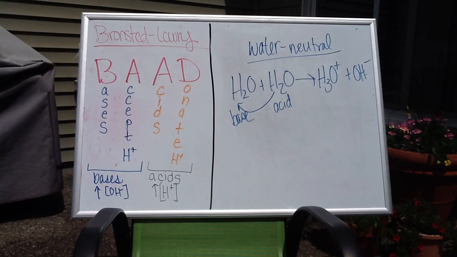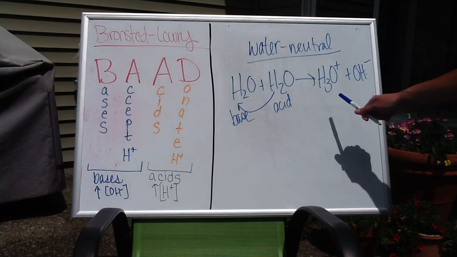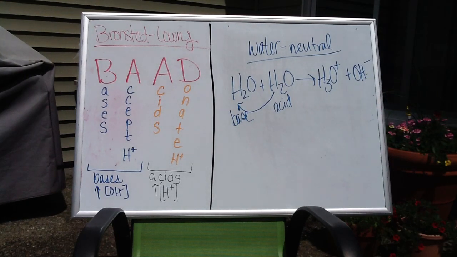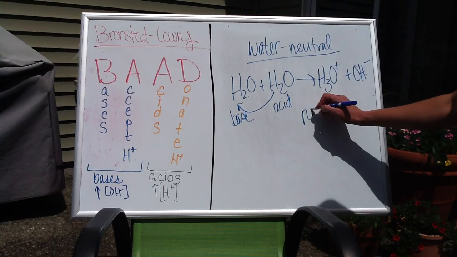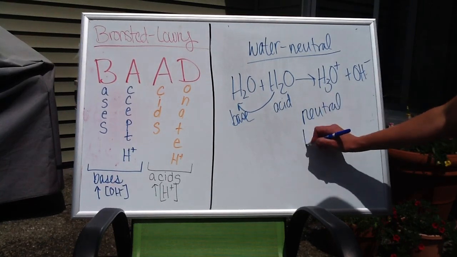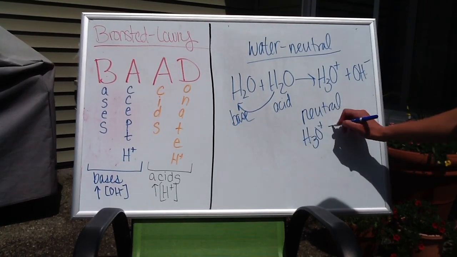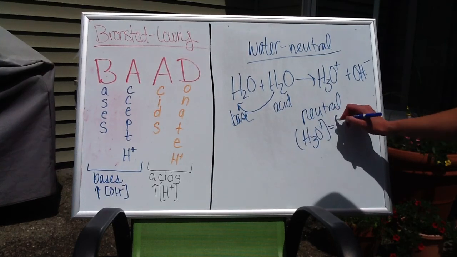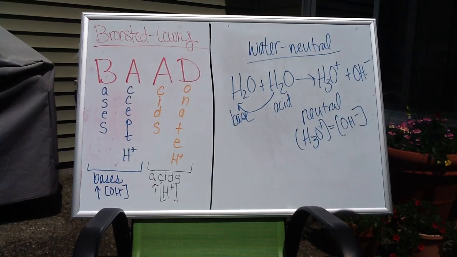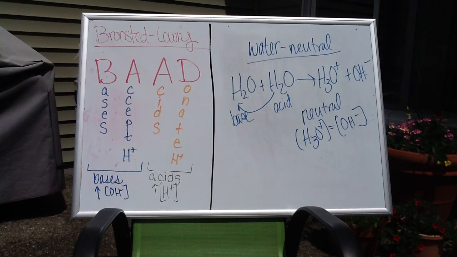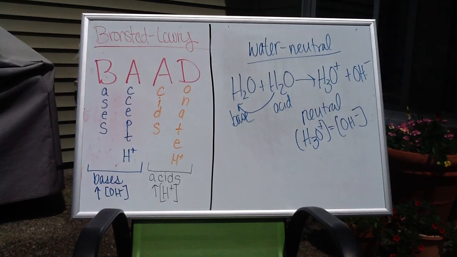It can donate a hydrogen and it can accept a hydrogen, and when that happens you'll end up with equal amounts of hydrogen ions and hydroxide ions. And that's what happens when a solution is neutral. That means that the H3O+ concentration equals the OH- concentration, and that's what happens when you have pure water. So some substances can either donate or accept a hydrogen.